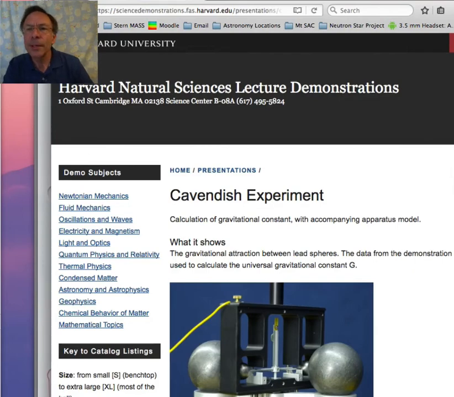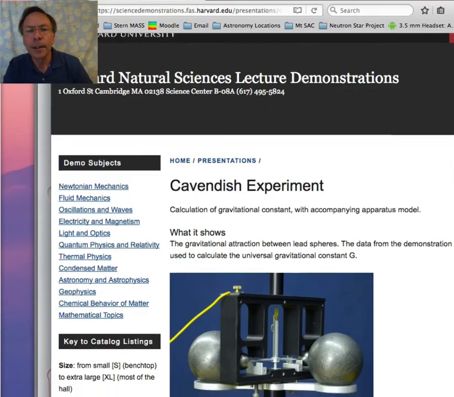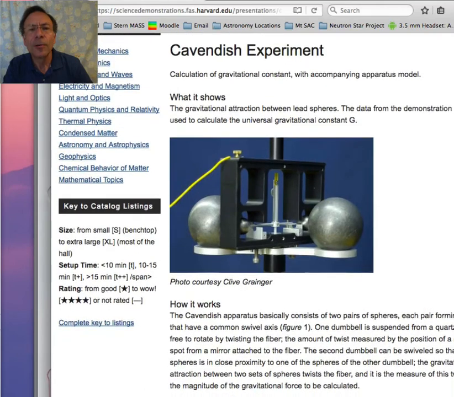So here's a picture of the Cavendish experiment redone for the purposes of showing students, in this case at Harvard. Now, I said that there were 2 lead balls, but in fact, there are 4. You can see that there's a large lead ball here and a small one, a large lead ball here and a small one.